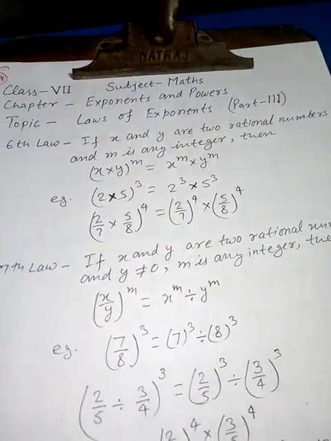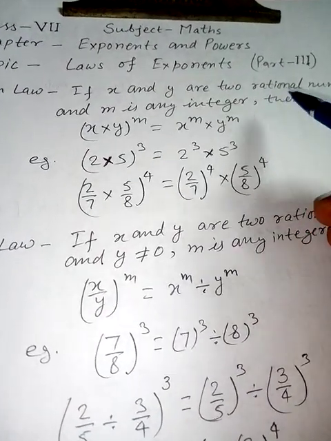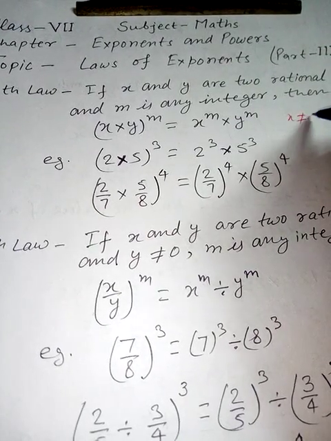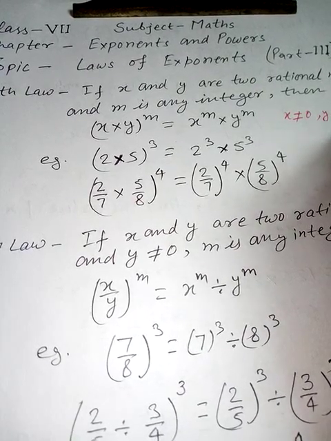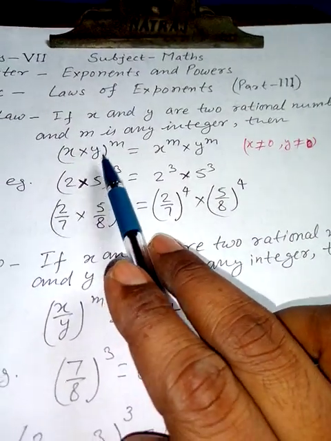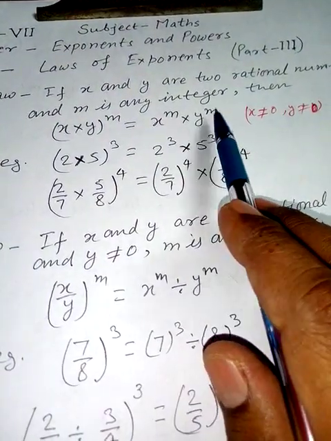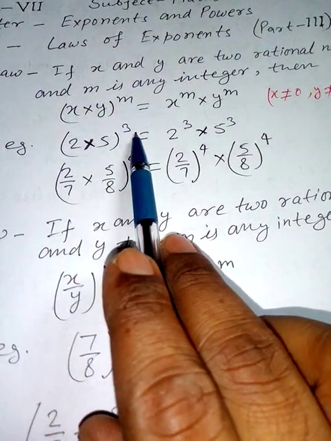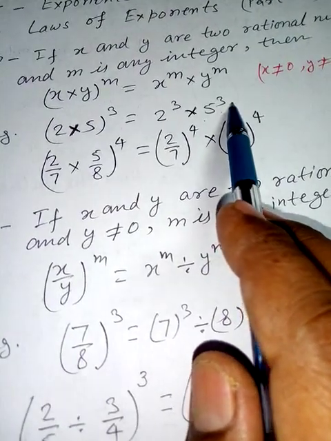It means if x and y are two non-zero rational numbers, (x into y) to the power m equals x to the power m into y to the power m separately. You can separate. For example, (2 into 5) to the power 3, you can write 2 to the power 3 into 5 to the power 3 separately.